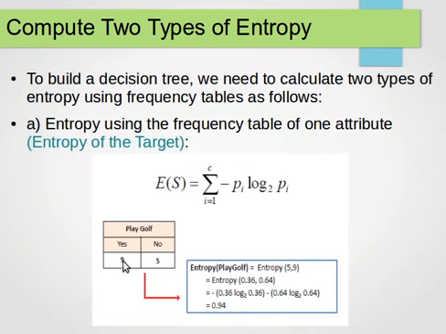The probability of yes is 9 over 14, which is 0.64. We plug that into our equation, sum over the values of the two classes, yes and no, plug in their probabilities, compute log to base 2 of that probability, and the value will be 0.94. That's an example of entropy of the target.